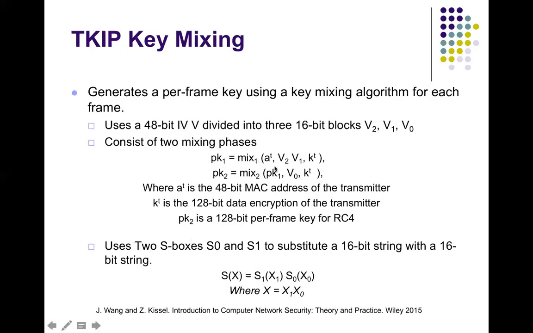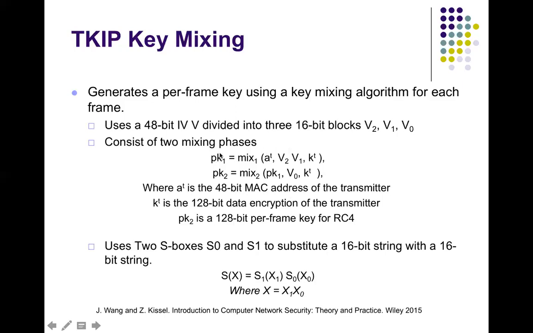So here this is V2 from here, V1 from there, and this is TA and this is TK. TA is the 48-bit MAC address of the transmitter. And TK is a 128-bit temporal data encryption key of the transmitter. And PK2 is a 128-bit per frame key for ARC4.